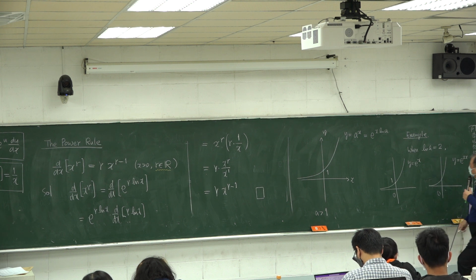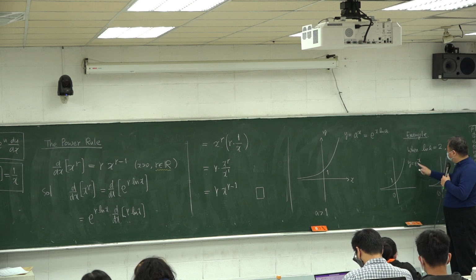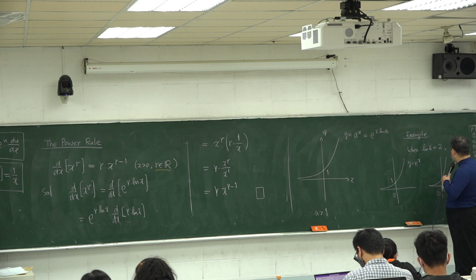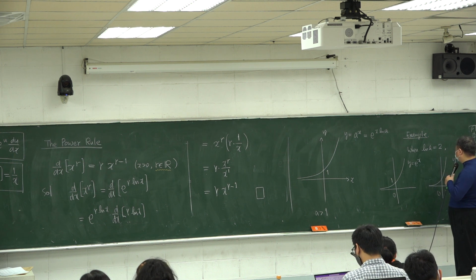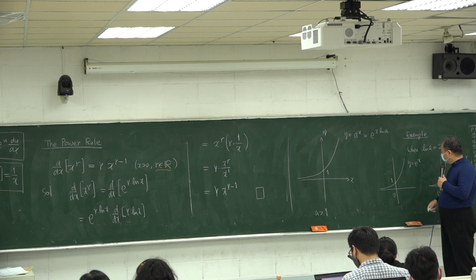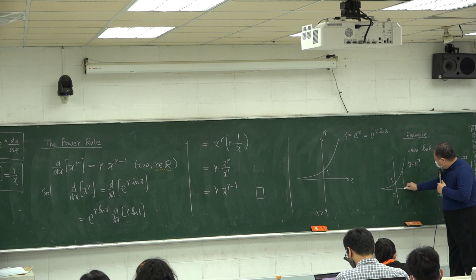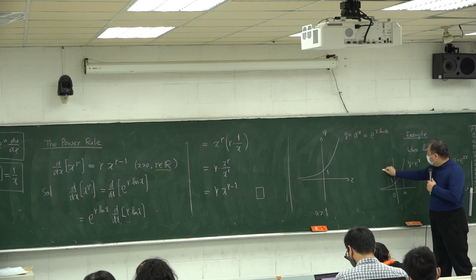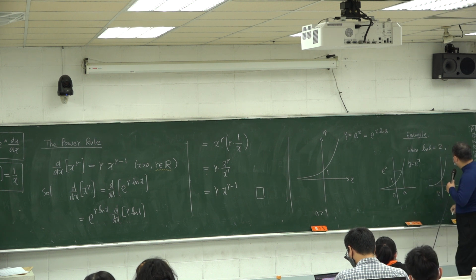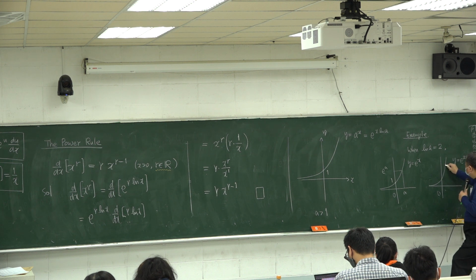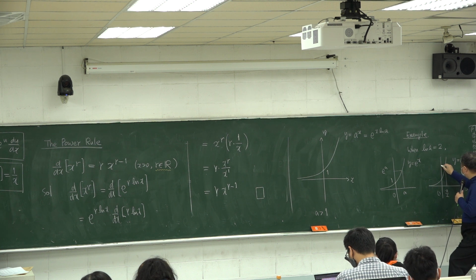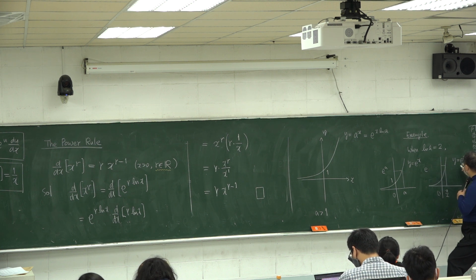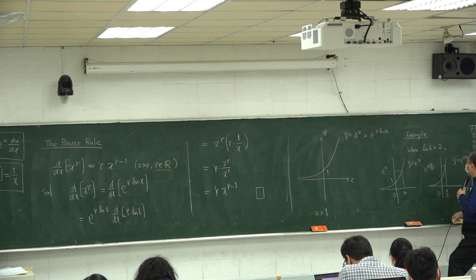If we multiply some positive number here, then the graph of the new function is quite similar to this one. Since if originally here at a, this value is e to the a, here we have to use half a to obtain the same height.